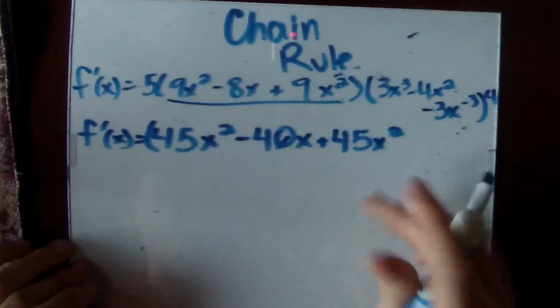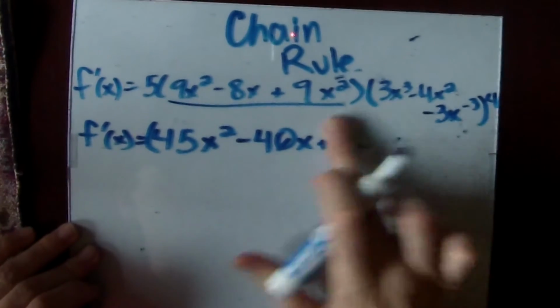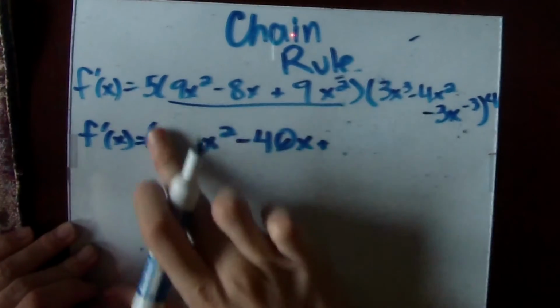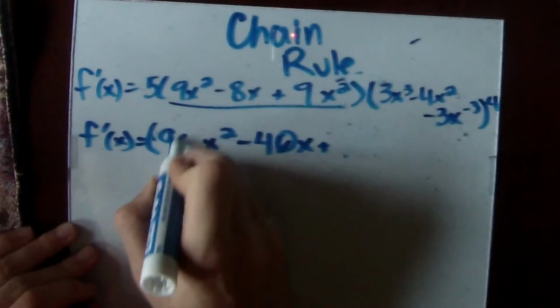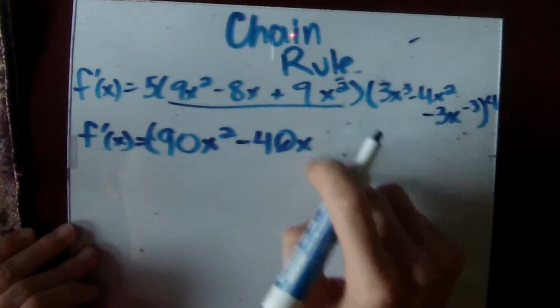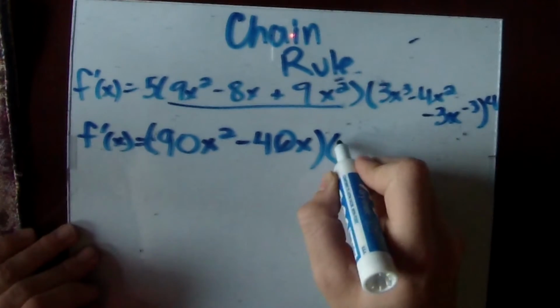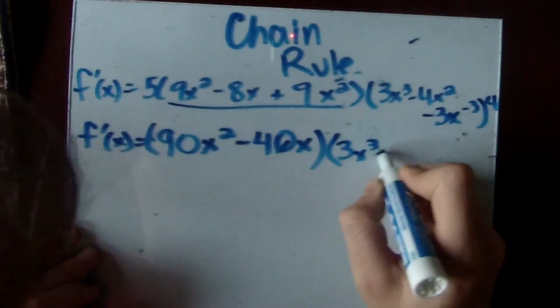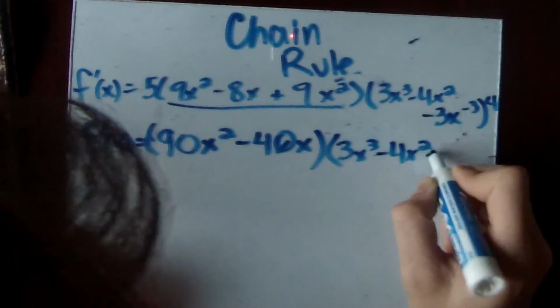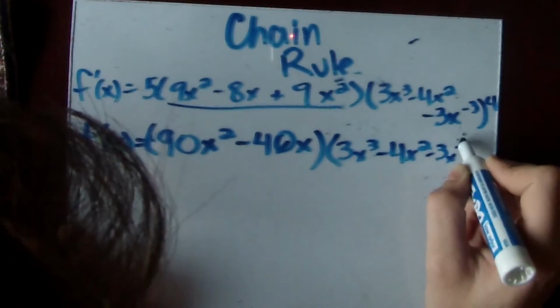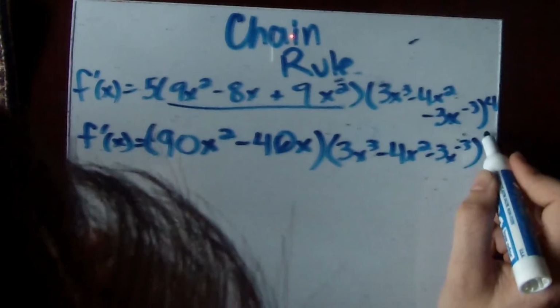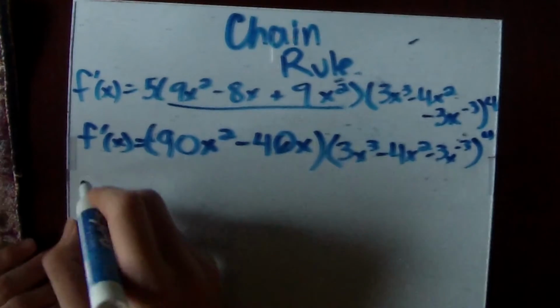So we can combine like terms to make this 90x squared. And then this function, we have to rewrite the original function, which is 3x cubed minus 4x squared minus 3x to the negative third, all to the fourth power.